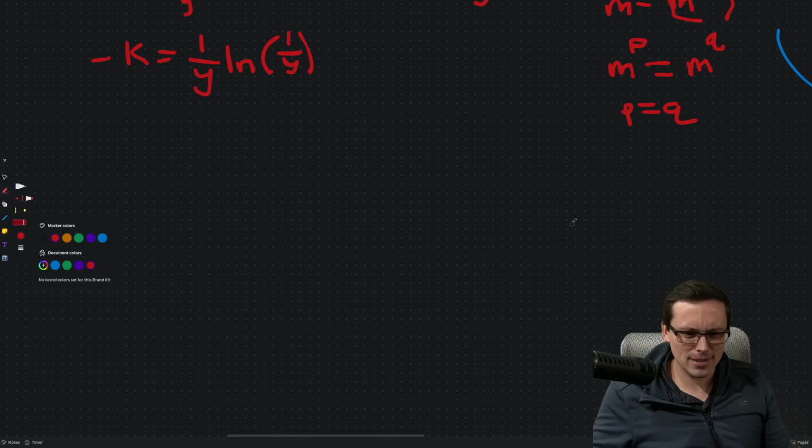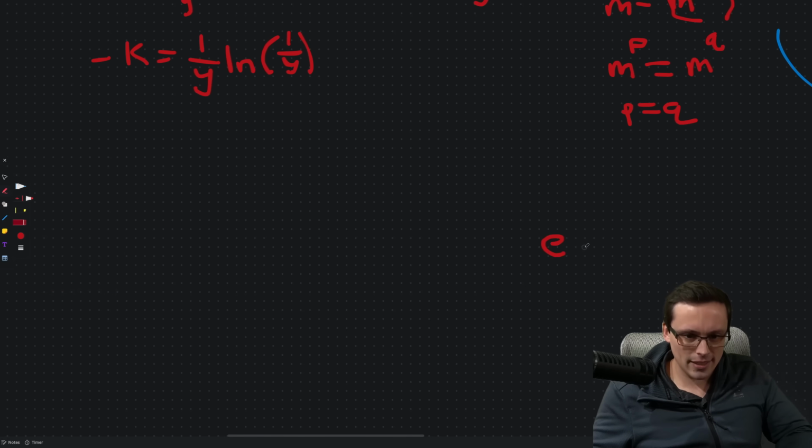Let me put it like this: if I have e to the power of the natural log of something, let's call it m, it should be obvious, if you think about what logarithms mean, that this whole thing is just m.